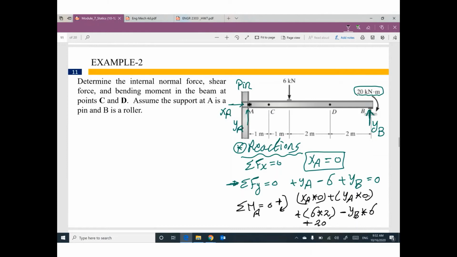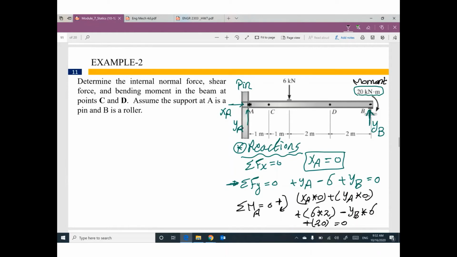Anybody can tell me 20 times what? Nothing. 20 times nothing, because 20 is a moment. If you have a ready moment, you don't need distance. Just put it as it is.